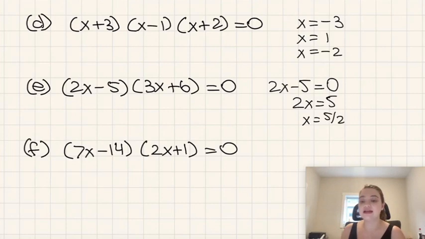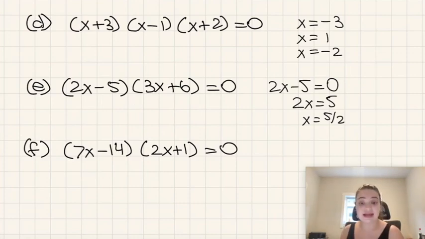So therefore, if x is equal to 5 over 2, that is the equivalent of saying that 2x minus 5 is equal to 0, which would be a solution here. Because again, then we'd have 0 times something else, whatever this is, which is always going to just be 0, as 0 times anything is 0. Okay, now what about the next solution?